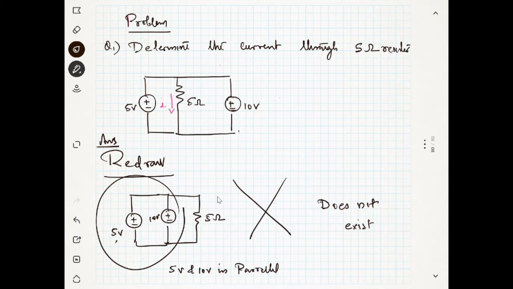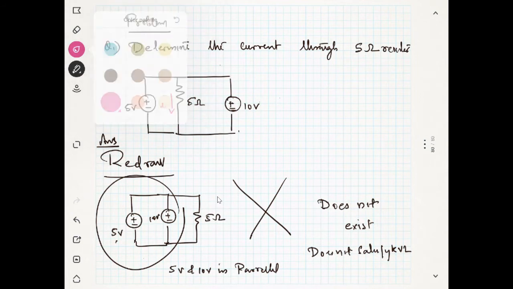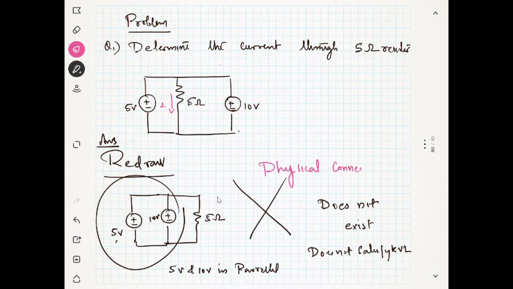Clear? Because it does not satisfy the Kirchhoff voltage law. I'm not going to apply the Kirchhoff voltage law because you know this. So the physical connection is not possible. This is my observation: the physical connection is impossible.